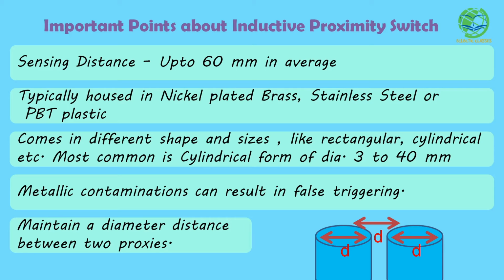The most commonly used shape is cylindrical, in the range of 3 to 40 mm diameter. Metallic contaminants like iron ore filings can result in false operation of an inductive proximity sensor. If cylindrical proximity sensors are in use, the minimum distance between two proximity switches shall be the diameter of the proximity sensor.